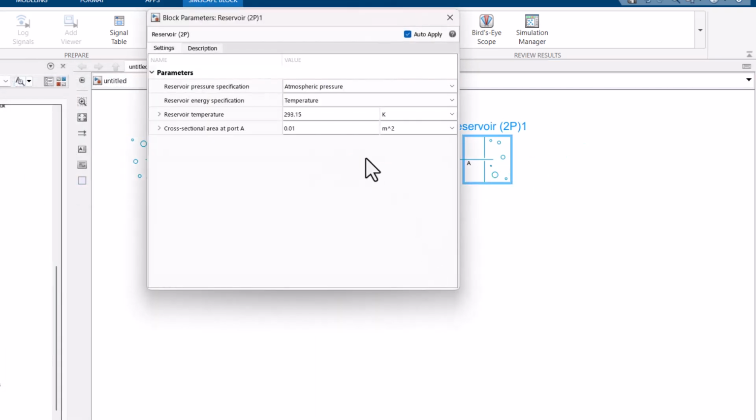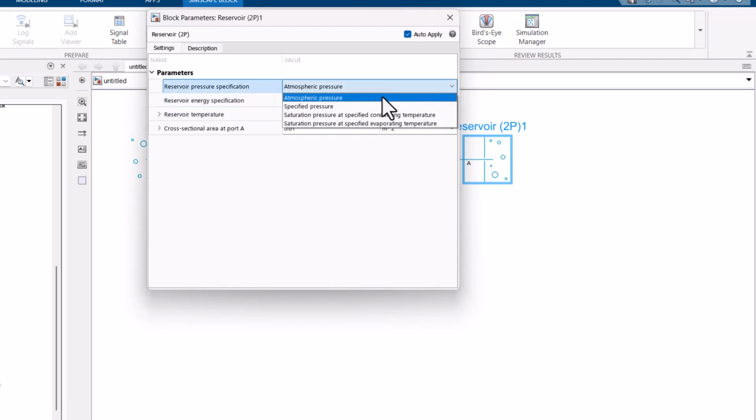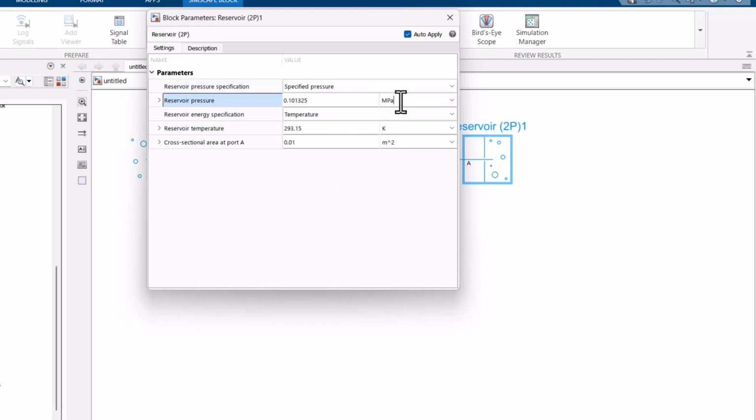And I set the turbine outlet, which is basically connected to the condenser, to 7 kilopascals. Again, it is a common value. For a condenser to be at 7 kilopascals is just so usual.